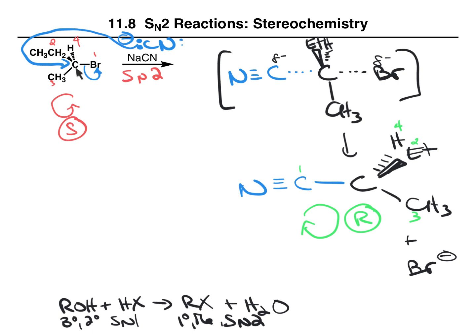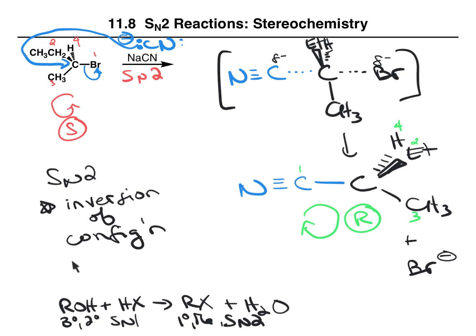So just looking at the structures, we can see that they have opposite relative configuration. And also when we assign our S configuration, we see that they also have opposite absolute configuration. So SN2 reactions occur with inversion of configuration.